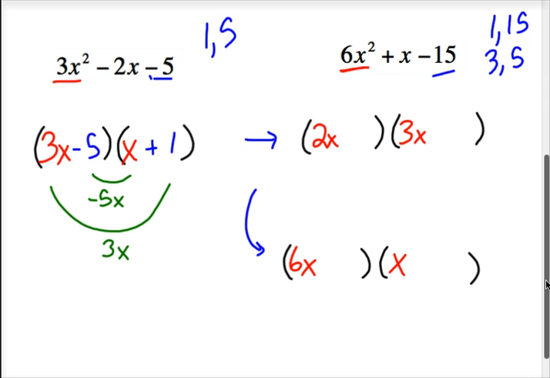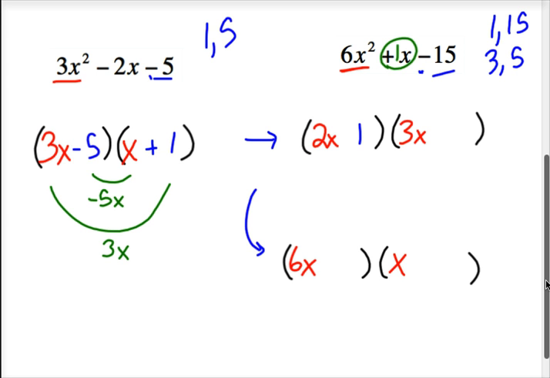Now, next thing that I'm going to keep in mind is I'm multiplying to be a negative 15. So as I'm making these connections, I need to recall one of the numbers in the pair that I'm choosing must be negative. That's the only way that this is going to work. And then I need to keep in mind that that is a 1x there that I am looking for. So I'm going to start putting in numbers.